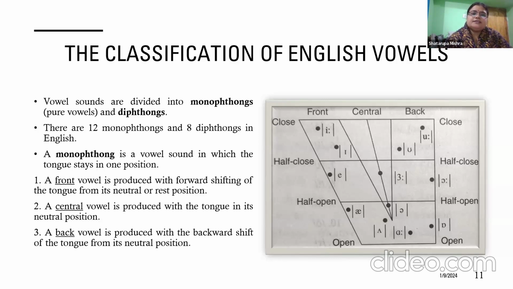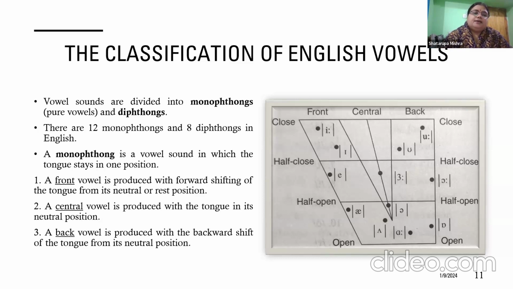A monophthong is a vowel sound in which the tongue stays in one position. That is a simple definition. Then we have three terms: front vowel, central vowel, back vowel. Okay. So now we will use all these terms for describing the 12 monophthongs. There are 12 monophthongs and 8 diphthongs in English out of the 20 vowel sounds.